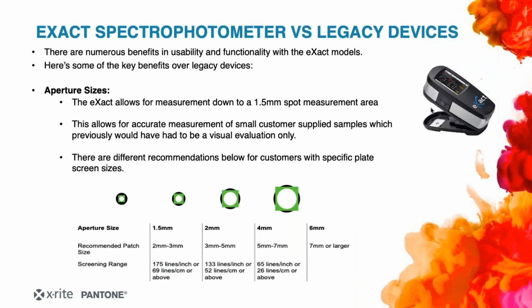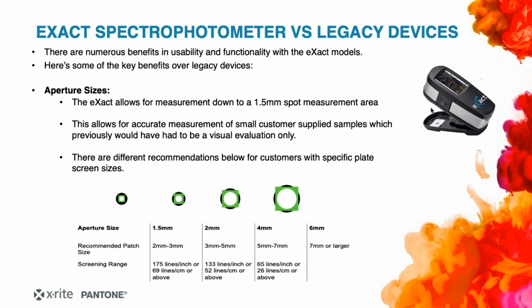Previously, that would be purely a visual evaluation only to a Pantone guide or customer's own fan deck, where the assessment of the color may be more difficult or impractical.